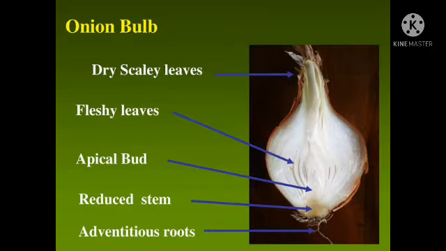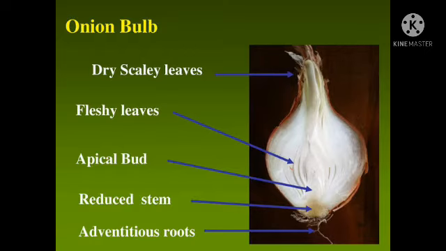Now you may ask, which is the most important part? Every part in this onion bulb is important, but mostly I know you like the fleshy part which is used for cooking. So the various parts have their own importance in an onion bulb.